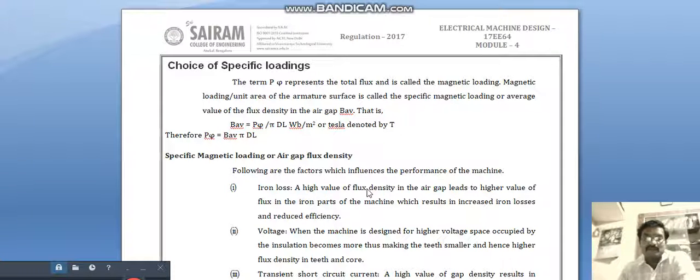A high value of flux density in the air gap leads to a higher value of flux in the iron parts of the machine, which results in increased iron losses and reduced efficiency. If you go for a high value of specific magnetic loading, then the high value of flux reduces the efficiency and increases the iron loss. That's one of the important points.